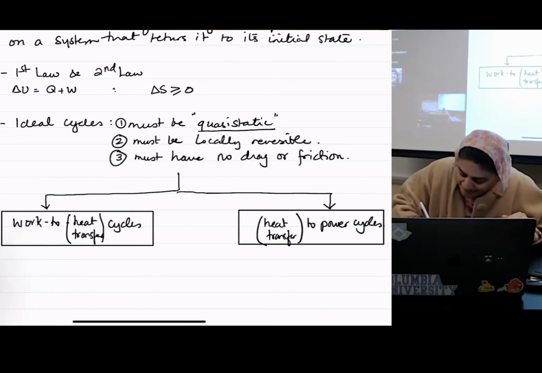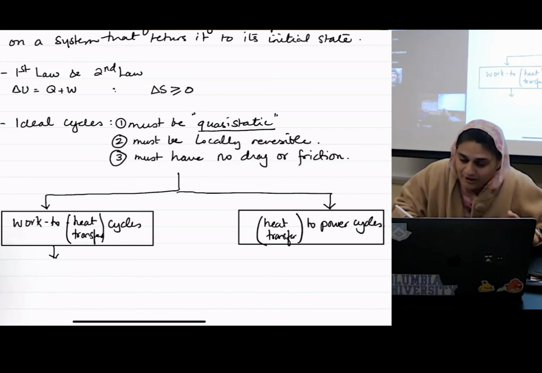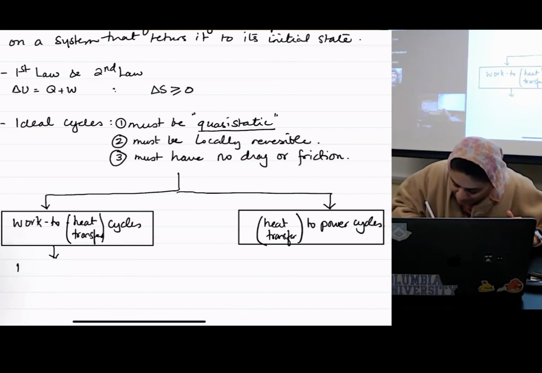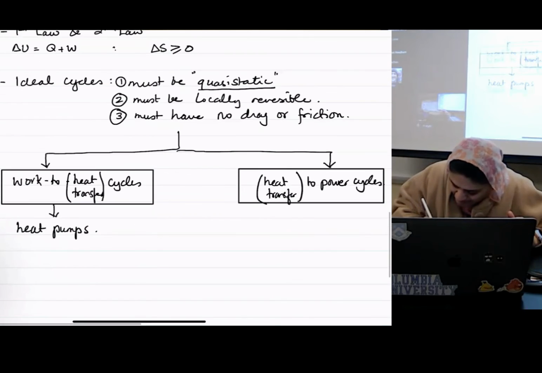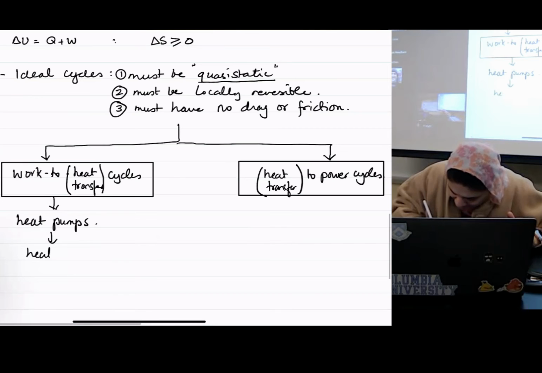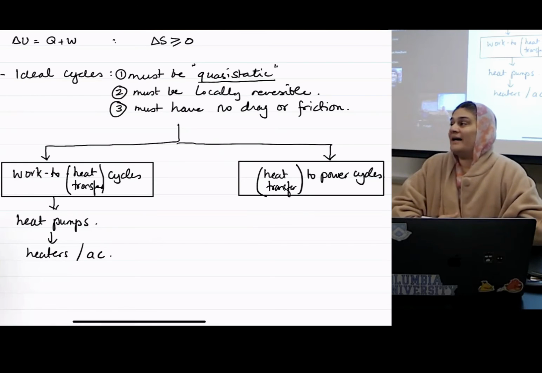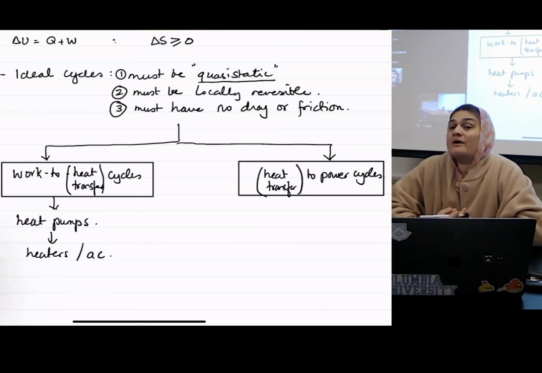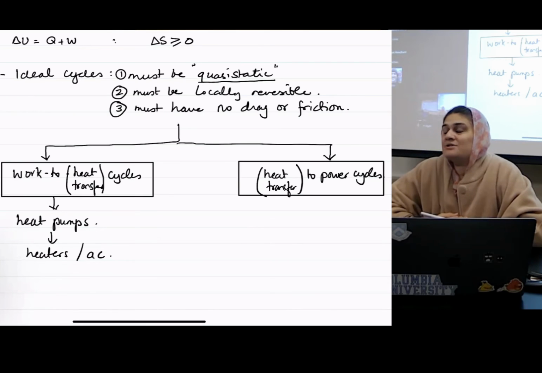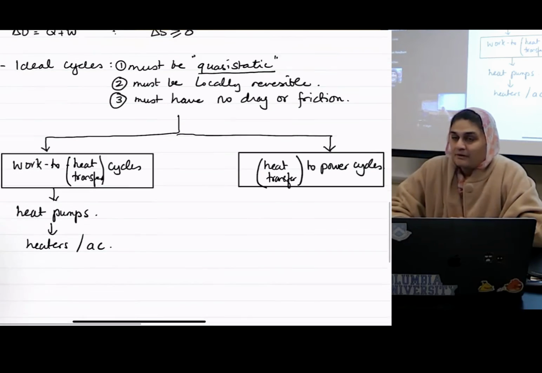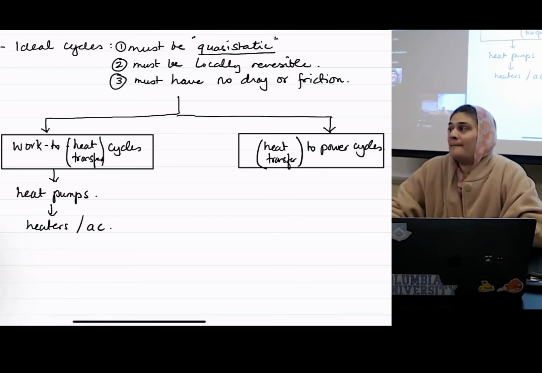So the first type of cycles are, for example, your heat pumps, your heaters or your air conditioners, right? You're providing work which is forcing heat to transfer to where it doesn't want to go. So what does heat do naturally? It will flow from hot to cold.